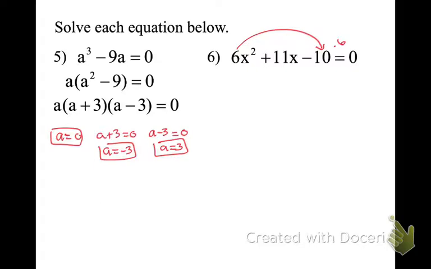Don't put it all in the middle of the problem, put it to the right, to the left, keep it close. What multiplies to 60 and adds to 11? 6 and 10. So I'm going to start taking my, let's go 60. I've got 1 and 60.